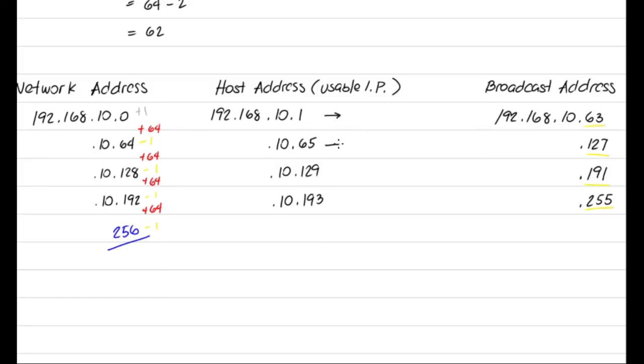Okay, so we solved the first usable IP, and next we will solve for the last usable. For the last usable, we will subtract 1 from the broadcast address. So 63 minus 1, it will be 62, then 126, then 190, and 254.